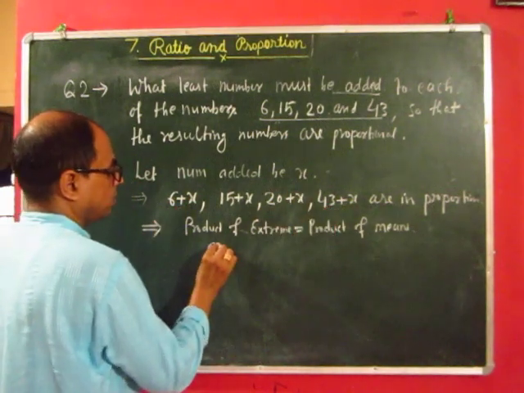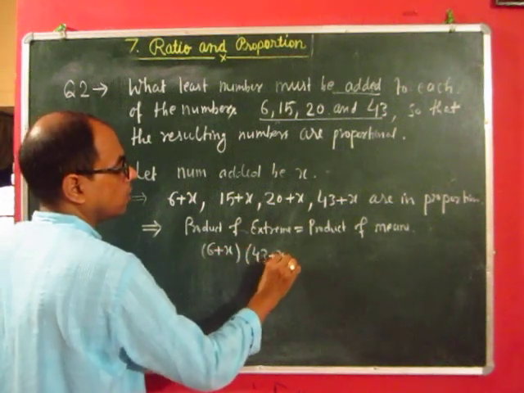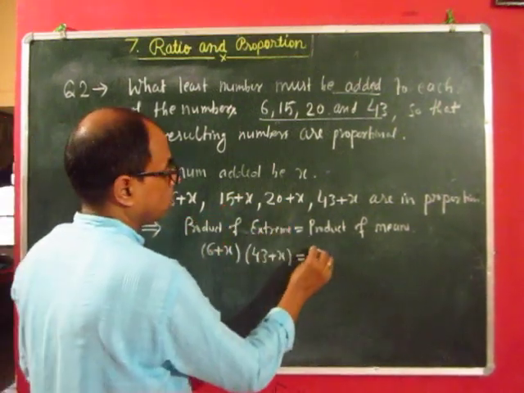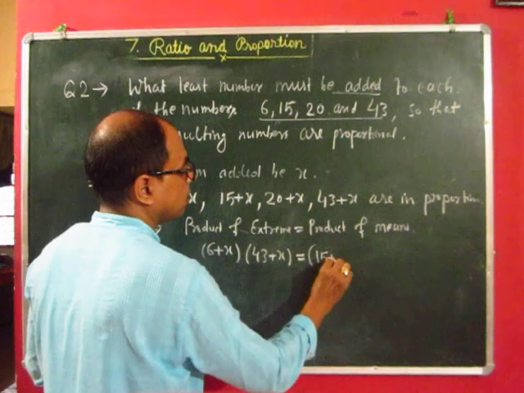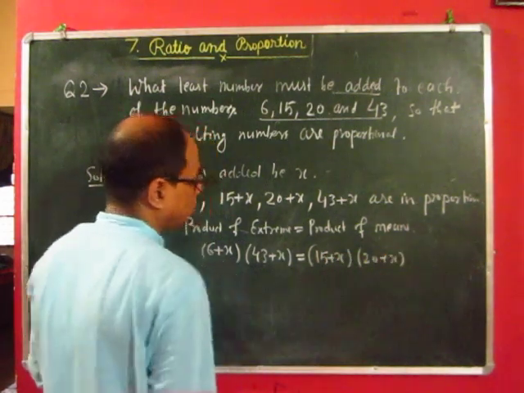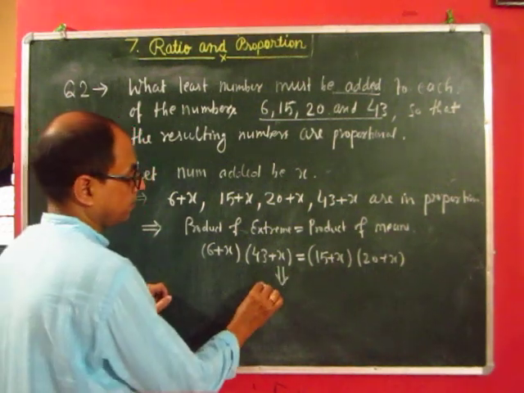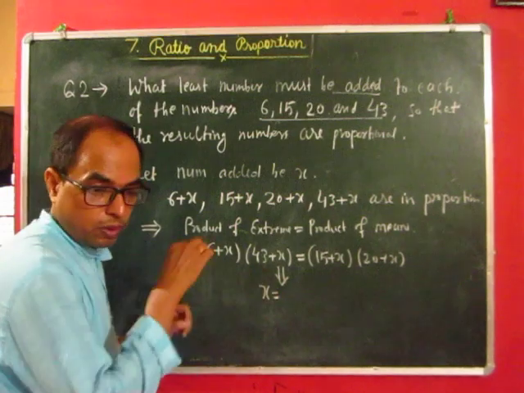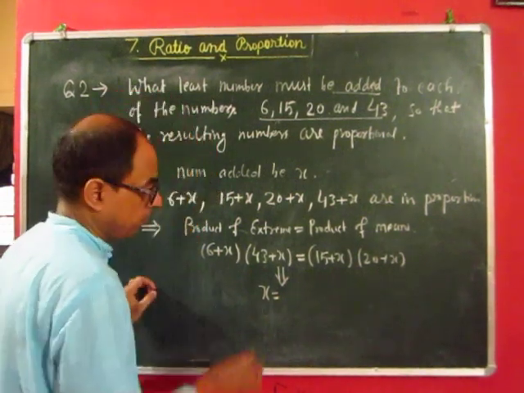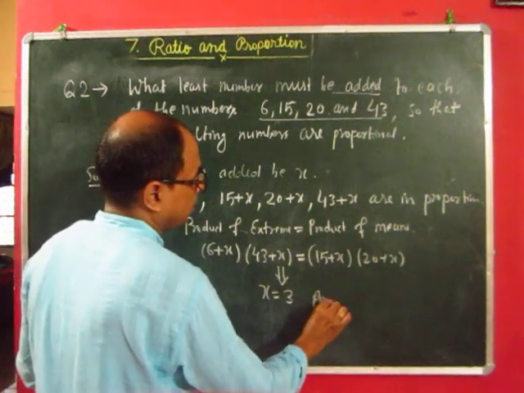So 6 plus x into 43 plus x is equal to product of means. The middle two are called means. So product of means is 15 plus x into 20 plus x. Now solve this equation. You will get the value of x. After solving, you will get value of x equal to 3. This is the answer.